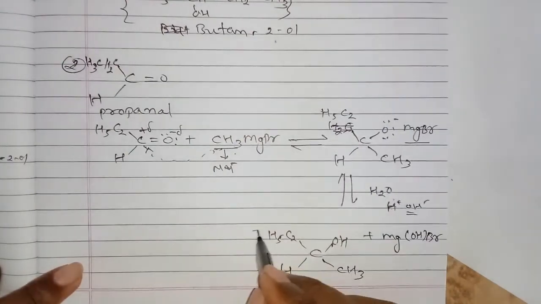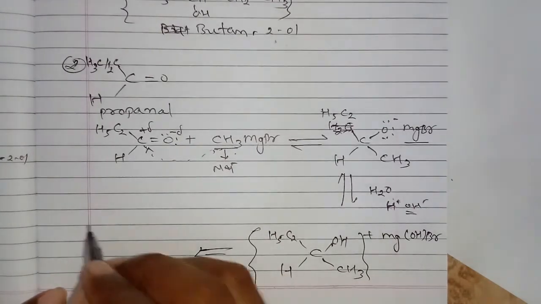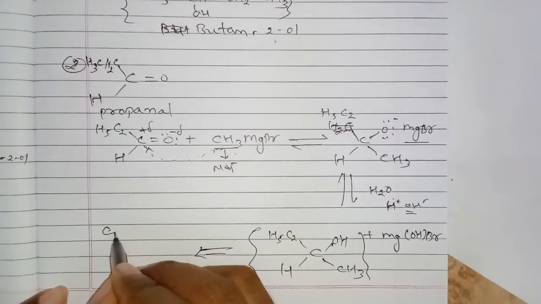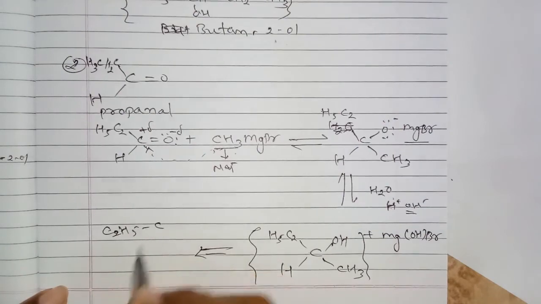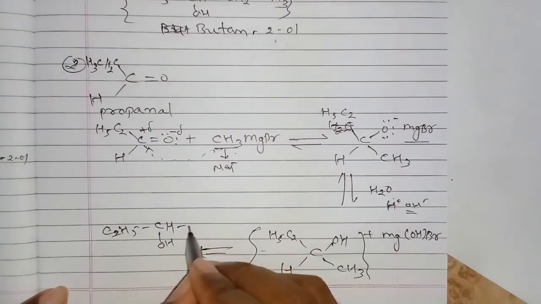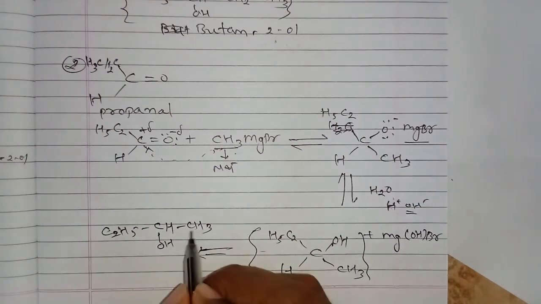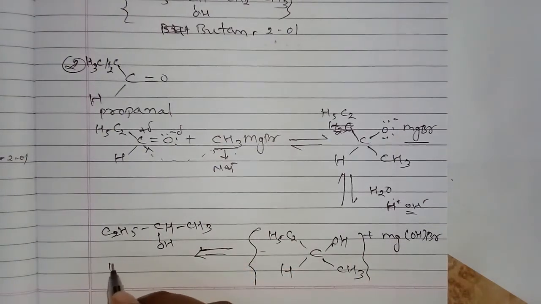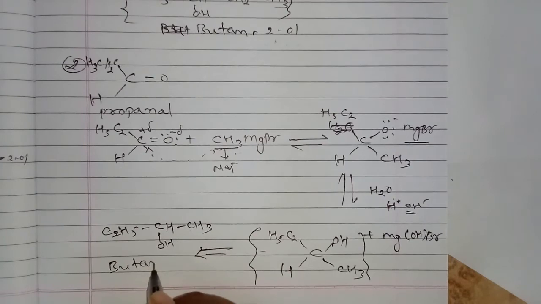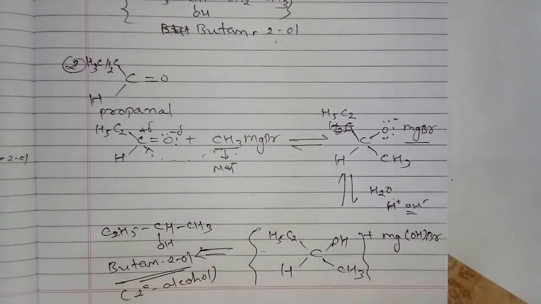Now it is simplified, or written, as C2H5 CH OH CH3, and there is a 4 carbon chain. Its name is butan-2-ol. It is a secondary alcohol.